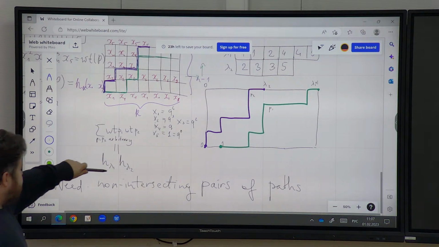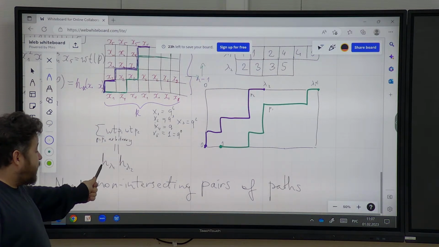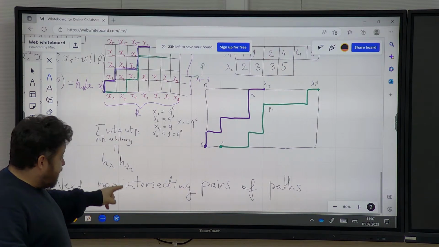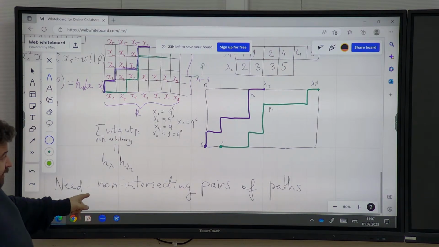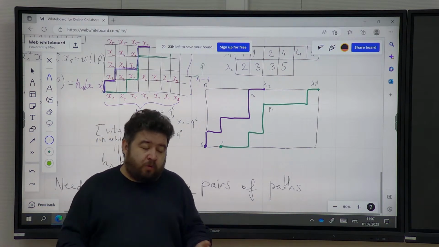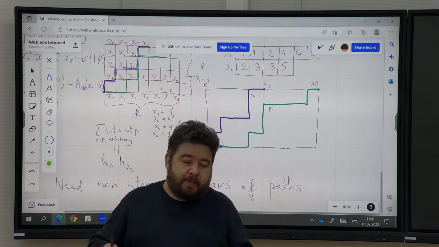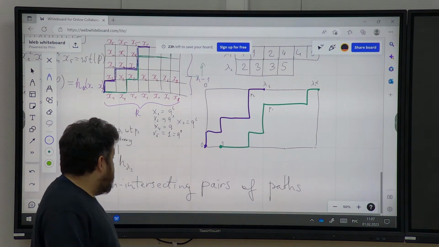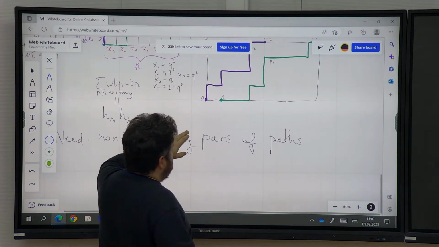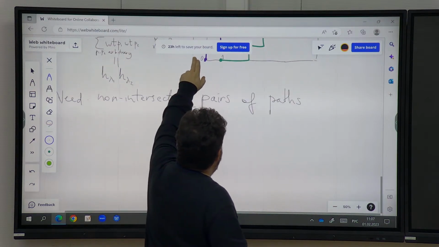We computed the number of objects without this non-intersecting condition, and subtract the number of bad objects, those who do not satisfy this condition. Not satisfying this condition in this case means that they have some point in common, at least one, or maybe a segment, maybe a couple of points. I don't know. So let's maybe stick to computing the bad configurations.